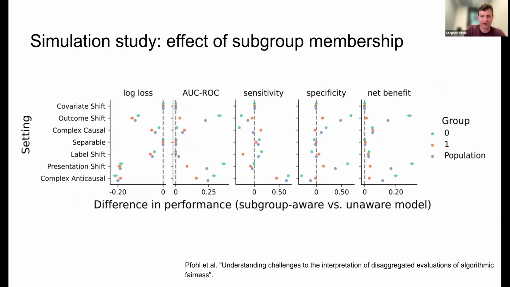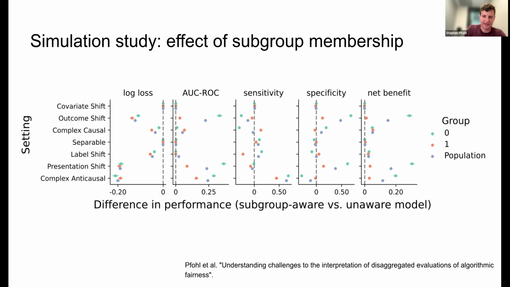We can also take these settings and measure the informativeness of subgroup membership on the performance of the model. Here, what's plotted is the differences between the performance of a subgroup aware model versus the performance of a subgroup agnostic model. A negative value of the log loss on the left plot would indicate that the subgroup aware model actually performed better than the subgroup agnostic model.